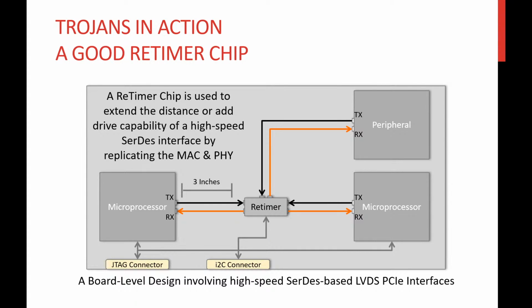A retimer chip must be used because the high-speed signal, which is a low-voltage differential signal, we call it an LVDS, degrades over distance, and must be refreshed or retimed. The higher the speed or bit rate, the shorter the distance before needing refreshing.